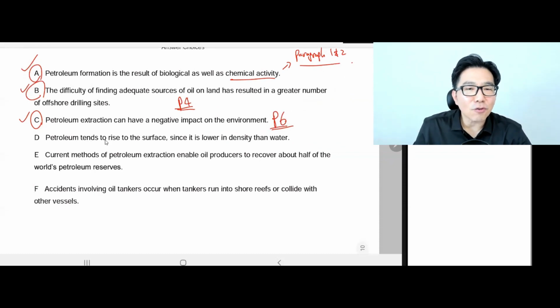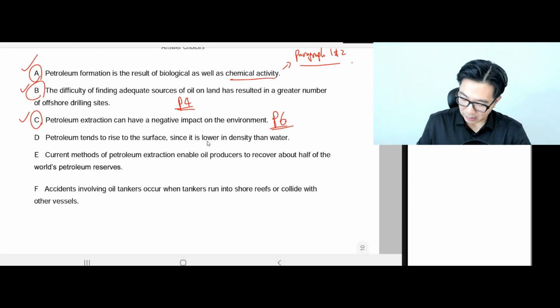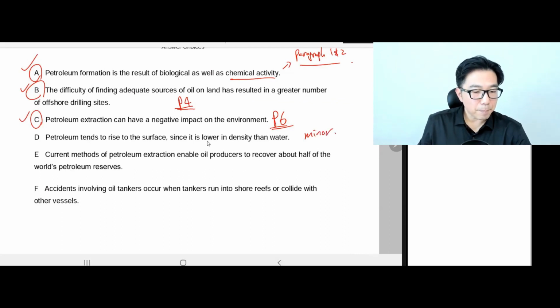D. Petroleum tends to rise to the surface since it is lower in density than water. Super minor, right? And it's paragraph 3, I think. The gusher, right? Paragraph 3 talks about many things.